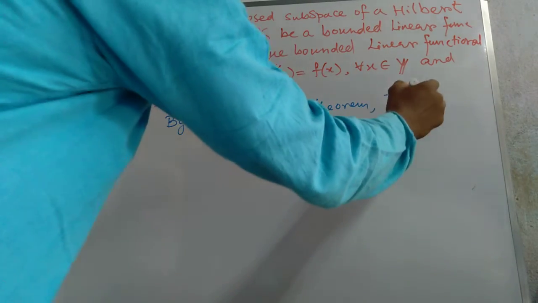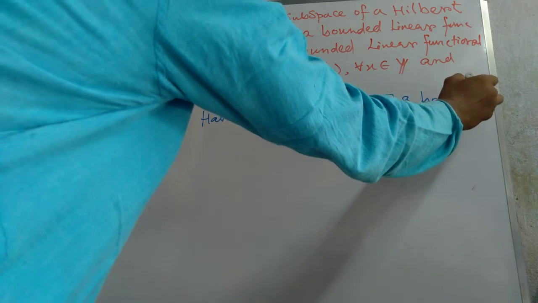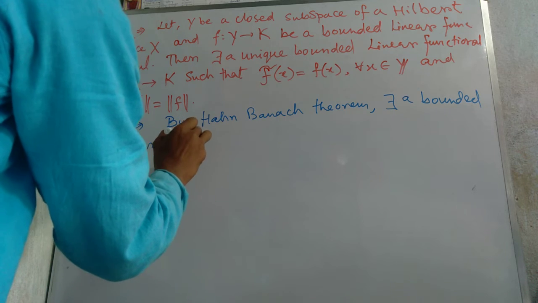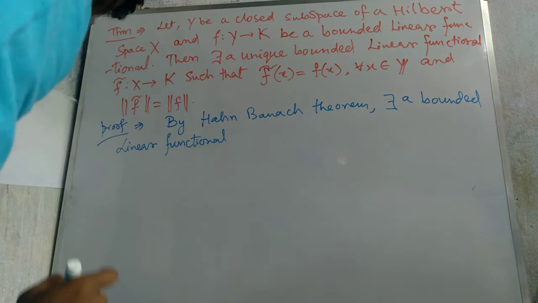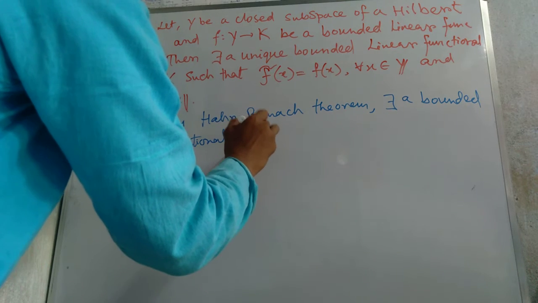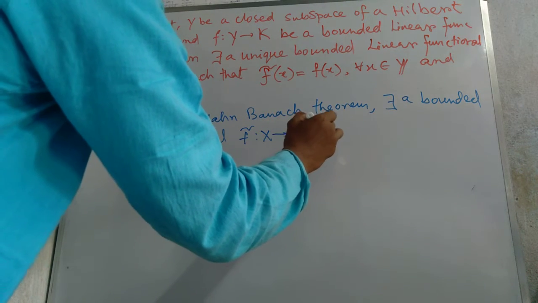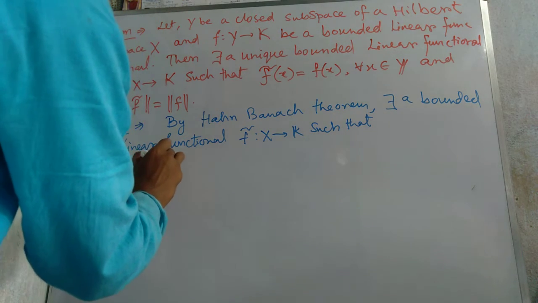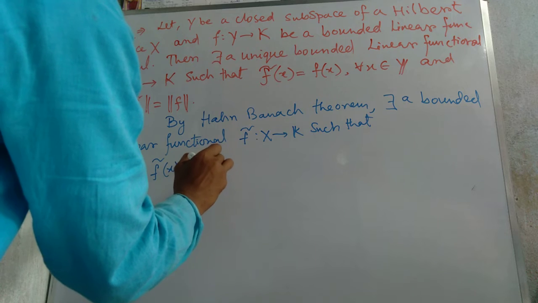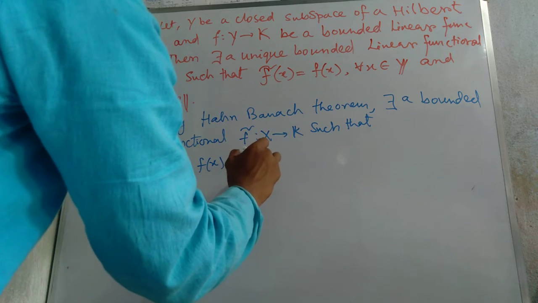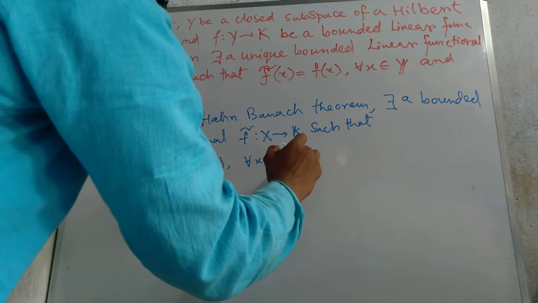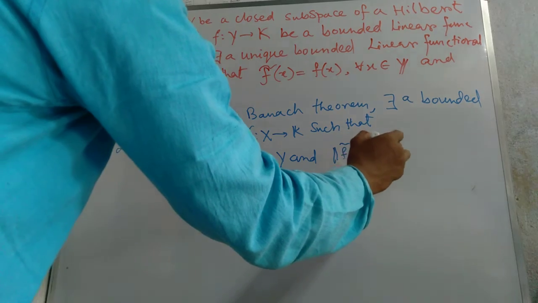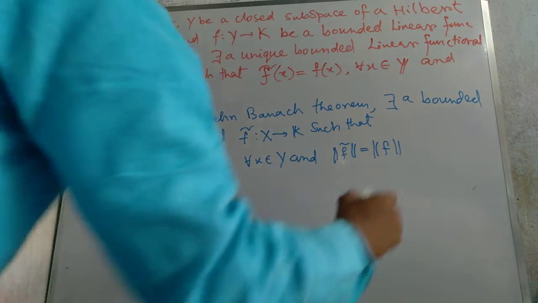There exists a bounded linear functional f delta: X to K such that f delta(x) equal to f(x) for all x belongs to Y, and norm of f delta equal to norm of f.